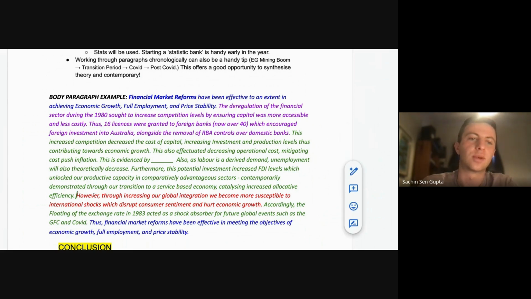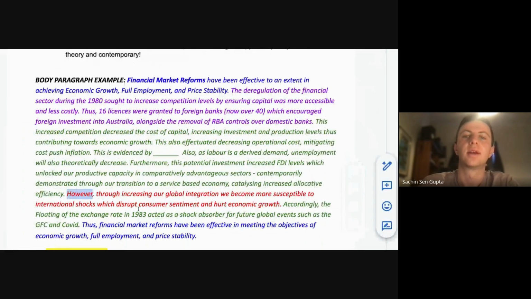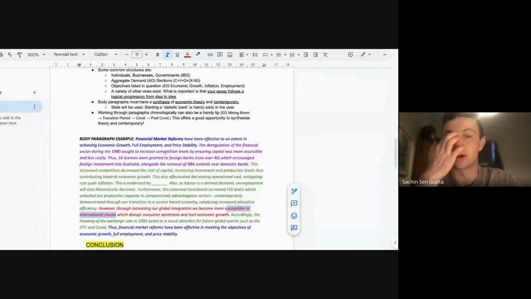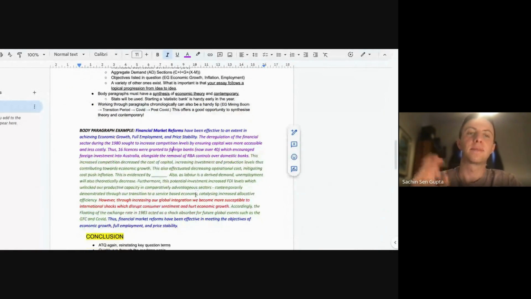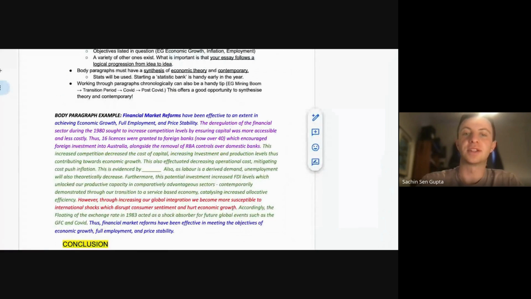So this is what you just do, however. I talk about increased susceptibility to international shocks because we integrated all these foreign banks, right? And what I've actually done is given a counter argument to that argument, or what was done in response to that. So that is another opportunity to provide a bit of nuance.